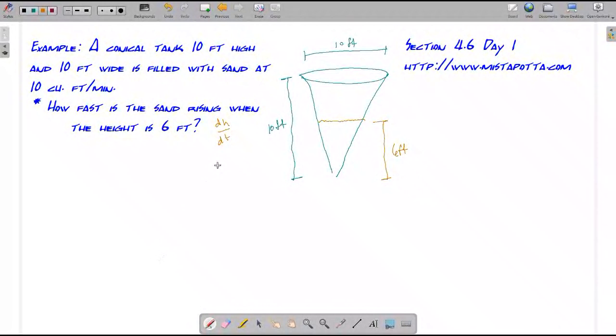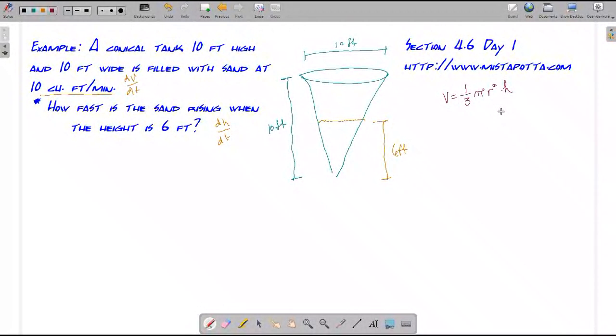So I'm going to need to find some way to relate volume, this 10 cubic feet per minute, which is change in volume over time, with the change in height over time. And I know there's a formula for the volume of a cone. The volume of a cone is 1/3 pi r squared times height.